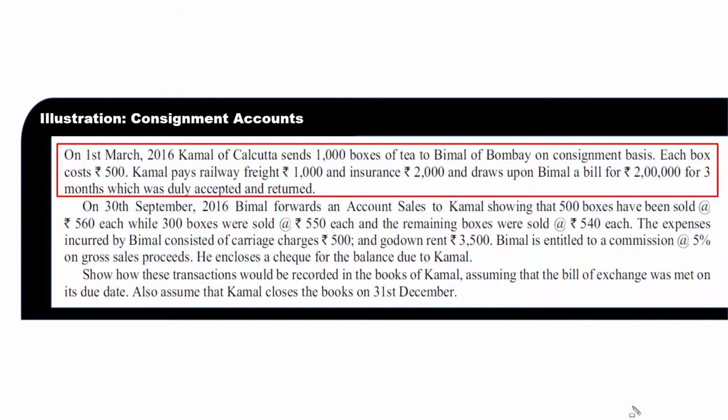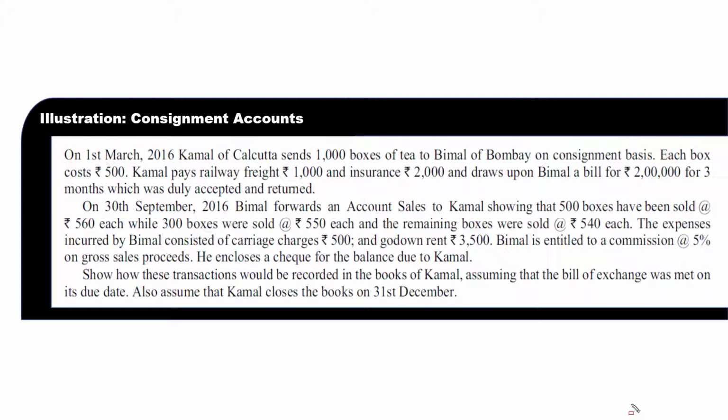Each box cost 500 rupees. Kamal pays railway freight 1000 rupees and insurance 2000 rupees and draws upon Bimal a bill for 2 lakh rupees for 3 months, which was duly accepted and returned.